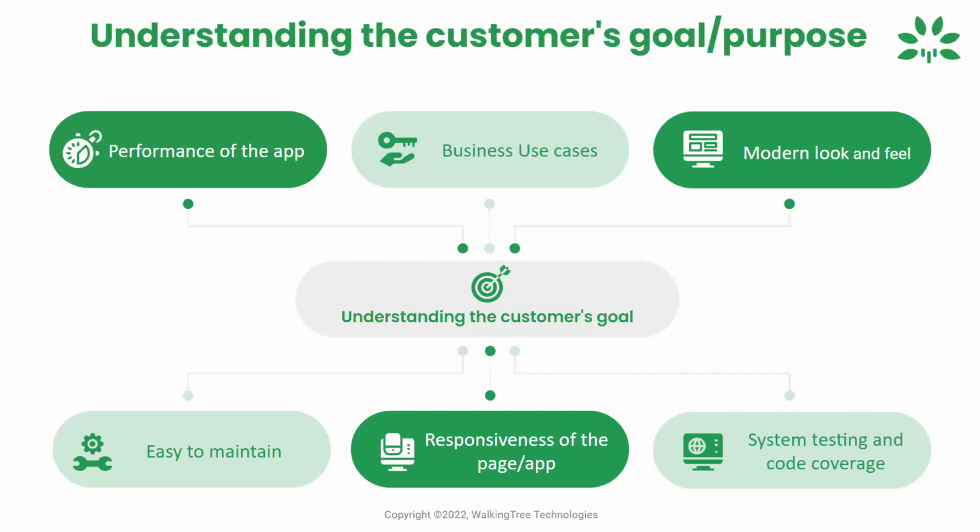And we need to consider whether system testing can be automated easily, and test suites can be created during development, and whether the code covered by those test suites, unit tests basically, is up to industry standards. So these are the main goals we take from the customer expectations, and move forward with the migration.